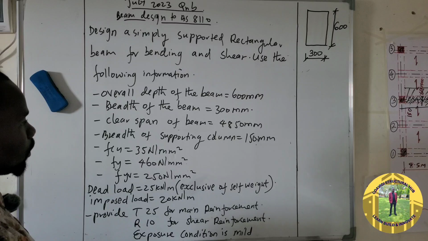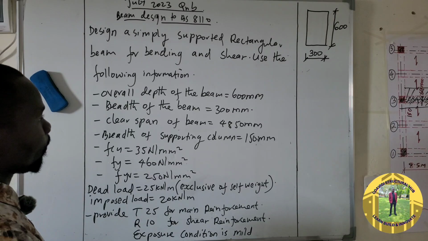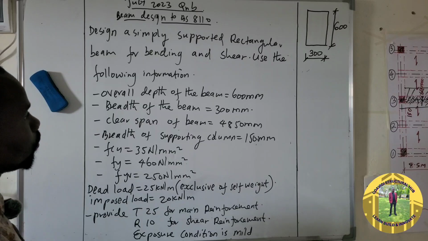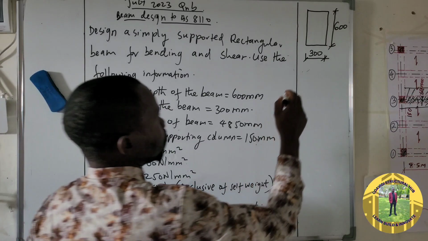So the clear span is 4850. So again, if I can draw the section of this beam, this is how it will look like.